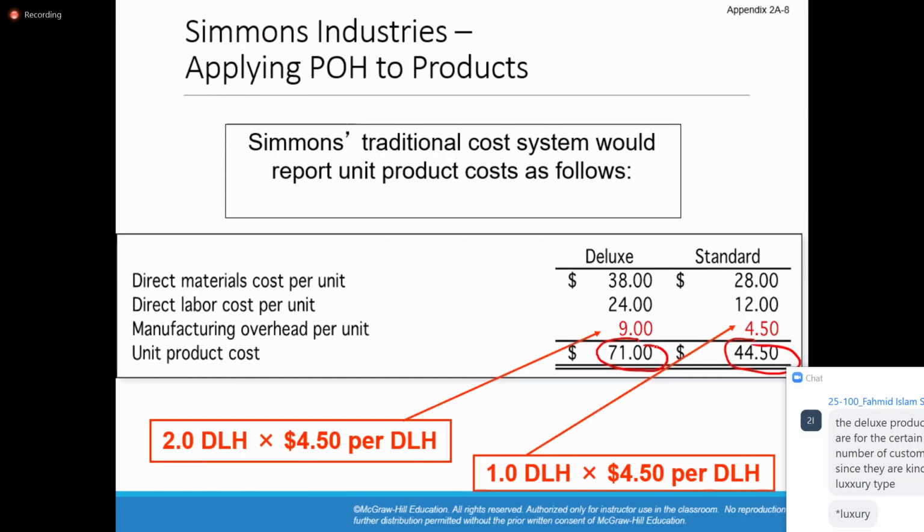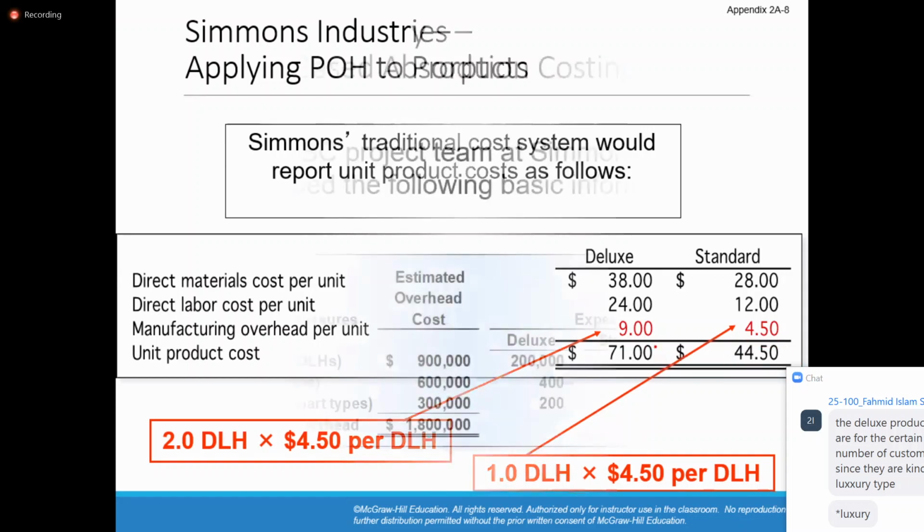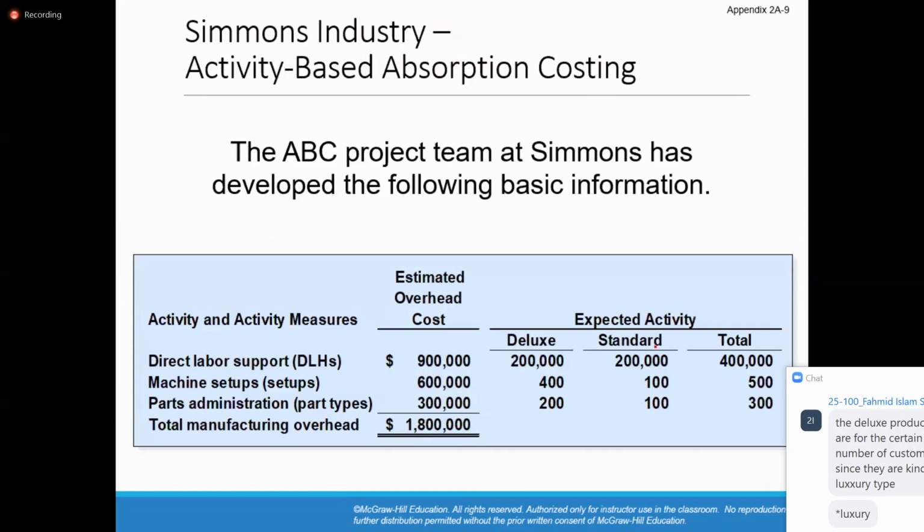There is nothing new to learn. We already have learned how to apply it and how to calculate it. And we would like to see now how activity-based absorption costing is used in a similar situation. The ABC project team at Siemens has developed the following basic information.